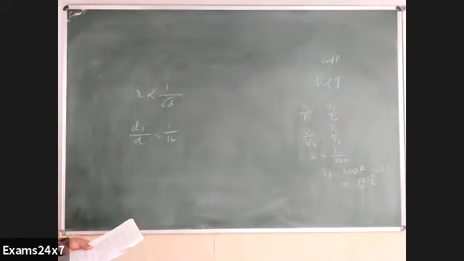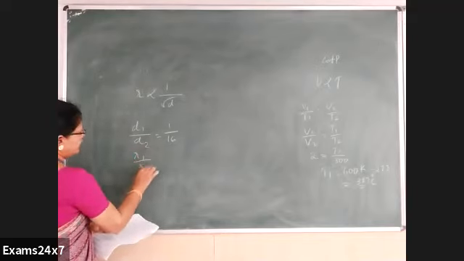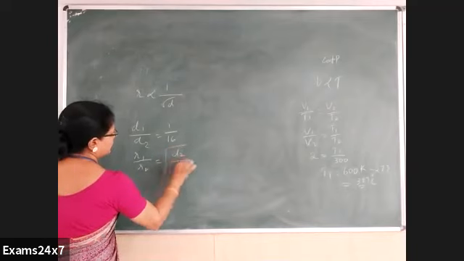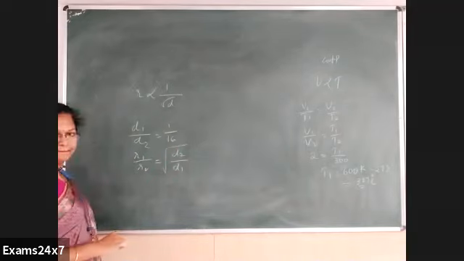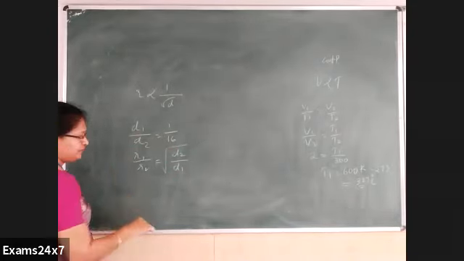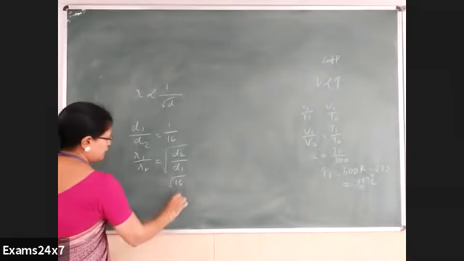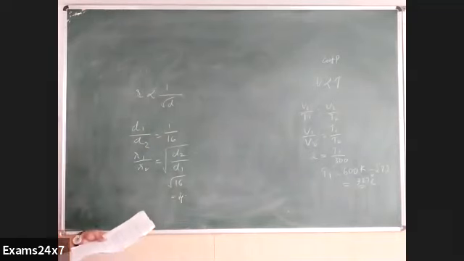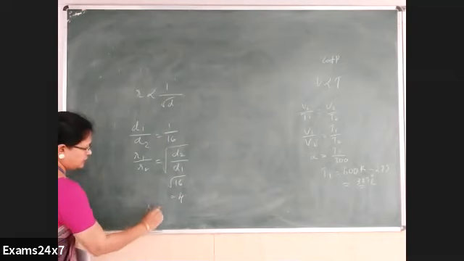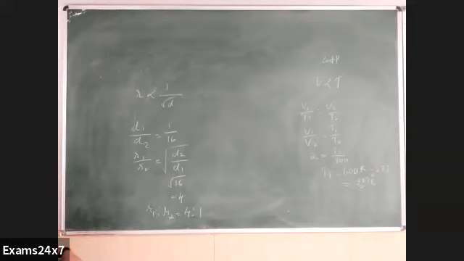The ratio of their rates R1 by R2 is equal to square root of D2 by D1. If D1 by D2 is 1 by 16, D2 by D1 should be 16. Square root of 16 is 4. So R1 by R2 should be equal to 4:1. Therefore, R1 is to R2 equal to 4:1.